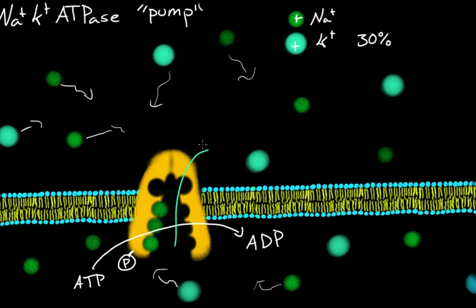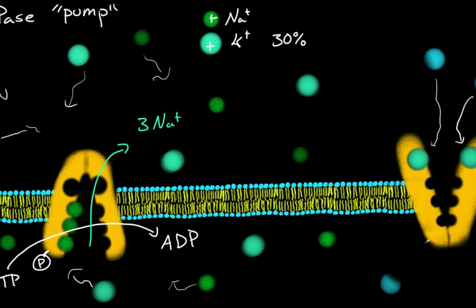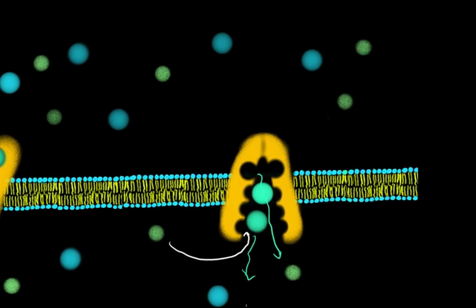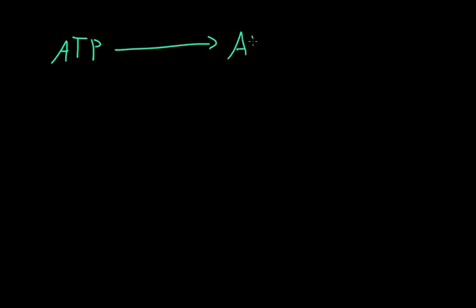So we have a transfer of three sodium ions, and here we have the transfer of two potassium ions across. Overall, ATP is consumed and turns into ADP plus inorganic phosphate.